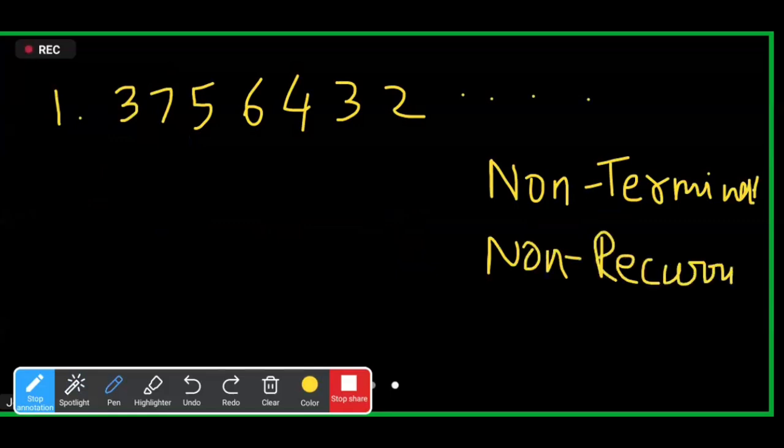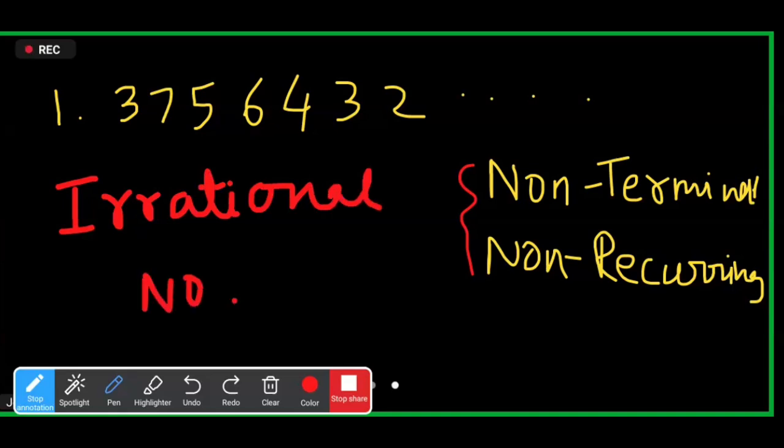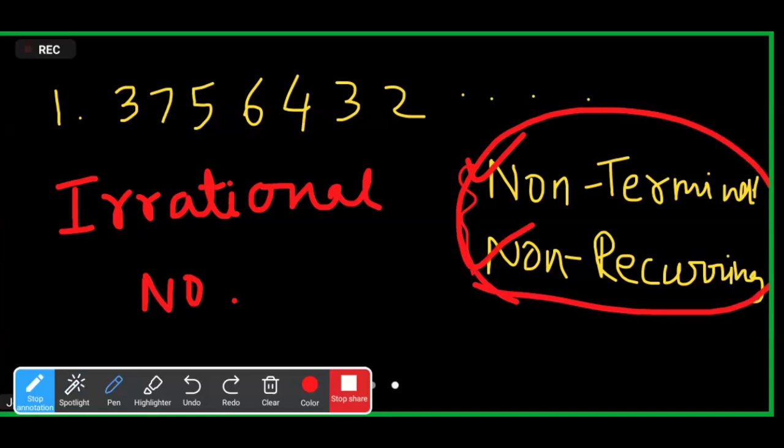Because you cannot see any pattern here, no dot you can put on the number. This type of number you cannot write in the form of p by q, which means it is irrational. So irrational numbers are numbers you cannot write in the form of p by q. Non-terminating, non-recurring decimal numbers come under irrational numbers.